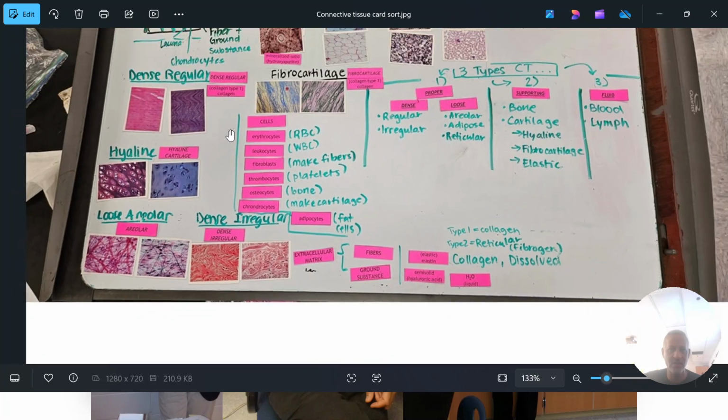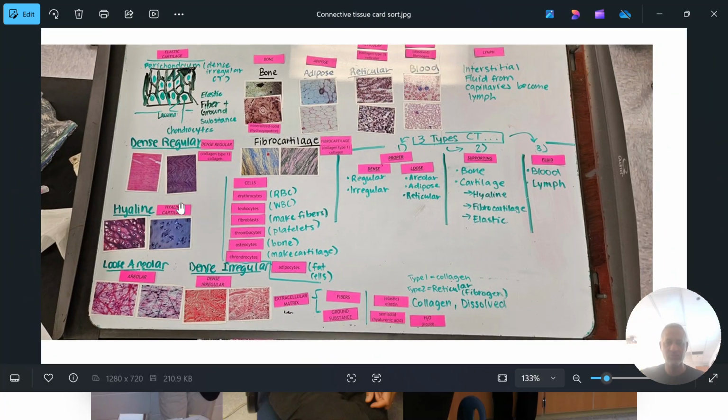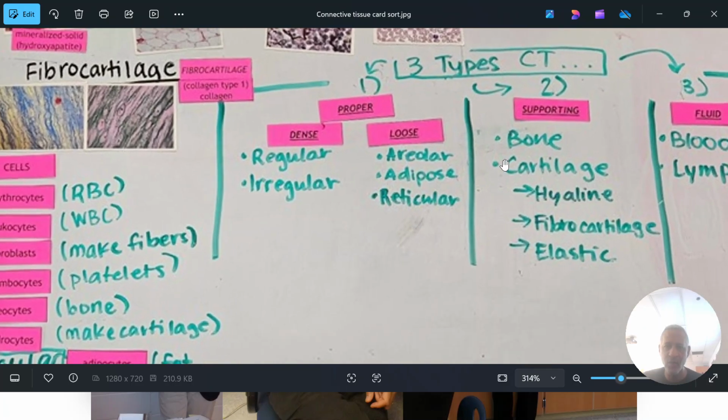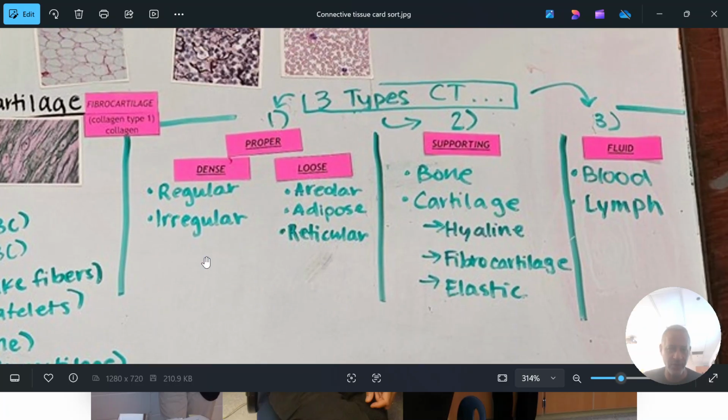With this breakdown, I've kind of turned what could be chaotic into having some form of structure. I was talking about the regular and irregular dense versus loose, which is areolar, adipose, and reticular.